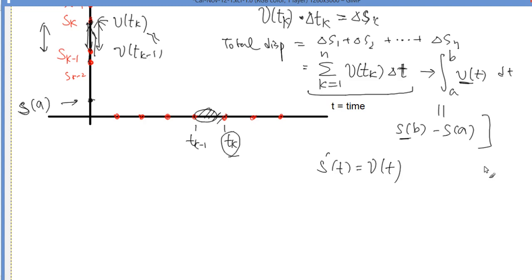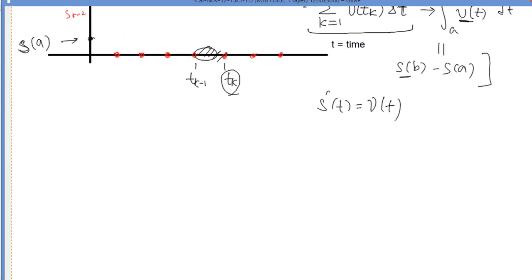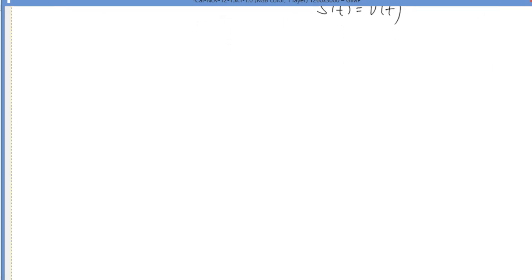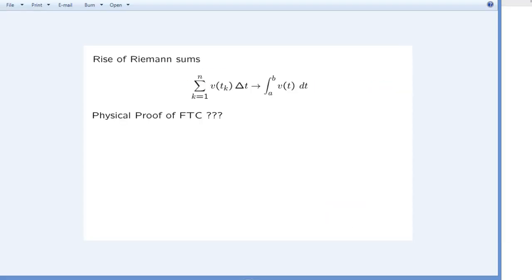Often people say this is a physics proof. The ingredient inside is a physics principle, not a mathematical principle. So this is a physics proof of the fundamental theorem of calculus. The one that I gave you before is the mathematical proof. But on the test, give the mathematical proof, not the physical proof. So that's the physics proof there.